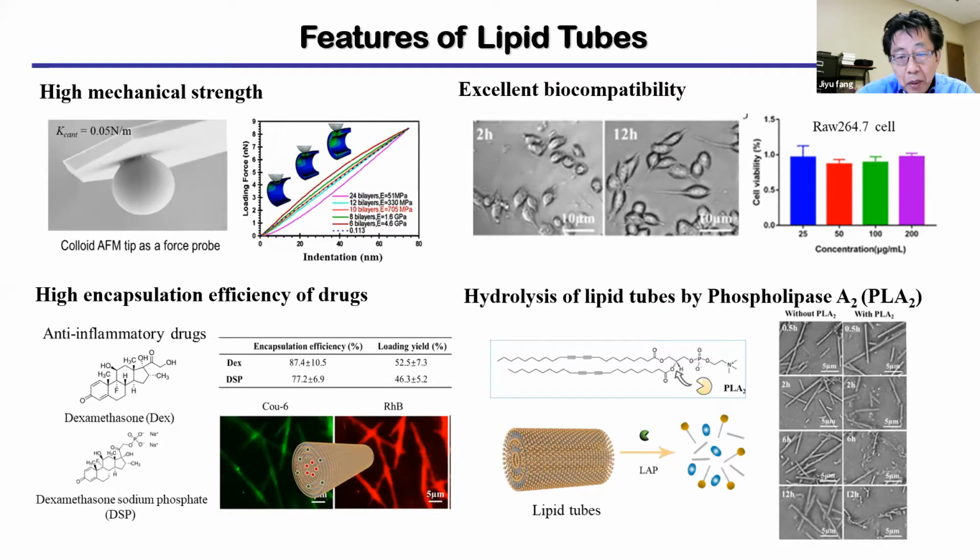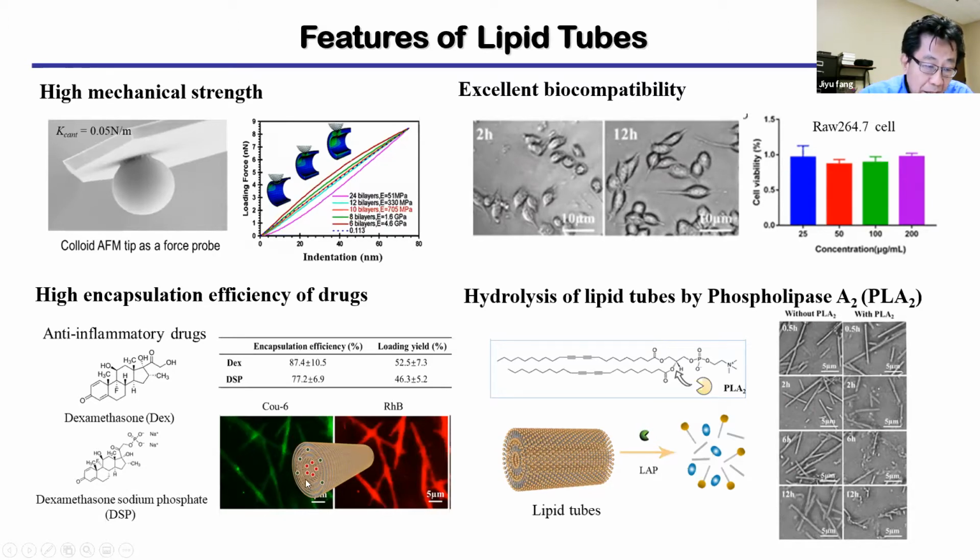Those lipid tubes can also be taken up by the cell without causing cell death, so they are highly biocompatible. And due to the hollow structure, the lipid tube can encapsulate both hydrophilic and hydrophobic drugs at a high encapsulation rate.